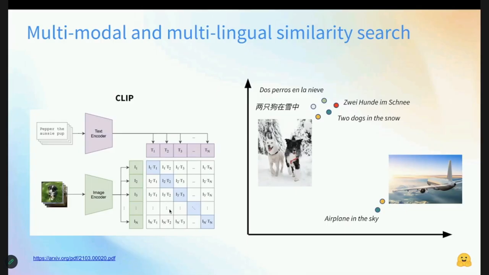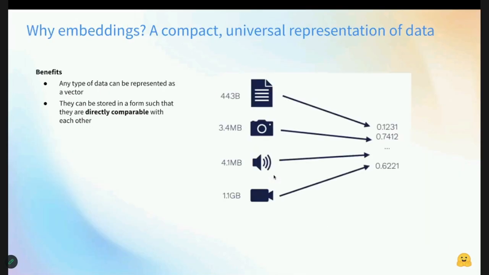So you can do these same similarity operations across modalities. If you look in vector space, the sentence "two dogs in the snow", the embedding for that would end up very close to the image of two dogs in the snow. And then the same thing with the same phrase in multiple other languages. And so you end up with the ability to have these universal representations of data independent of what their actual modality is.